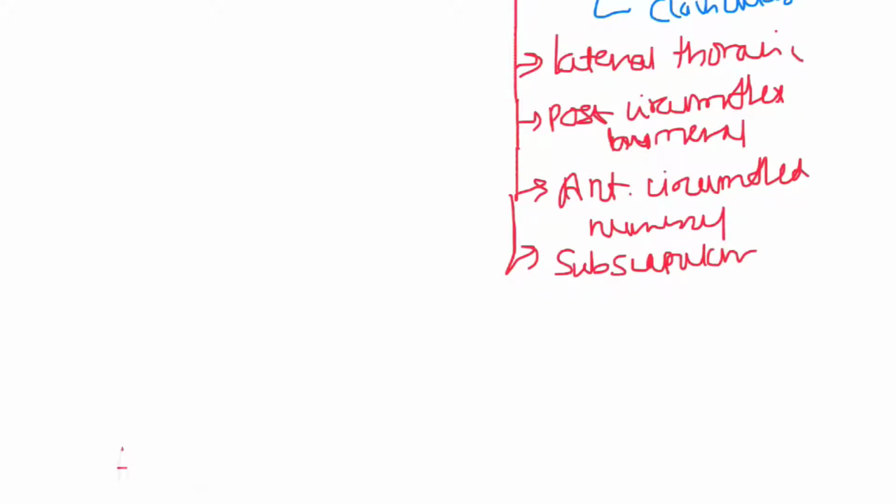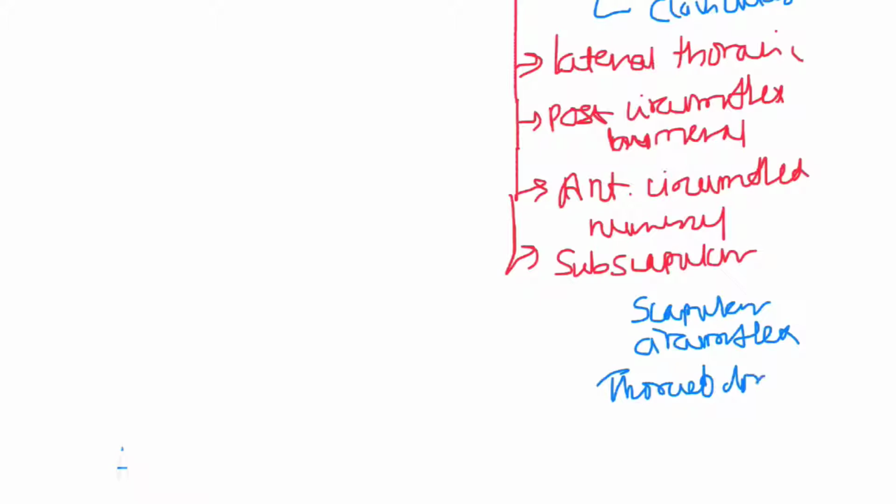From the subscapular, 2 branches come out, and their names are scapular circumflex and thoracodorsal. So these 2 branches come out from the subscapular.